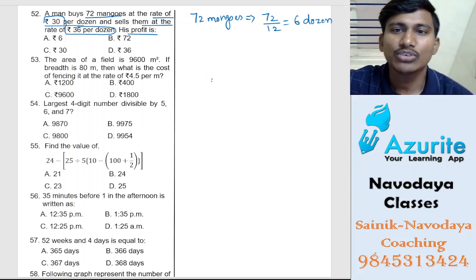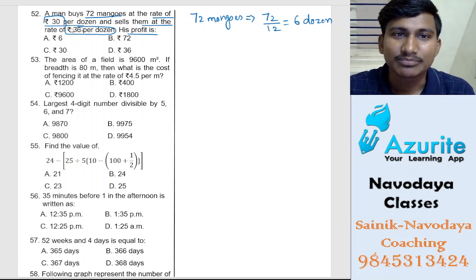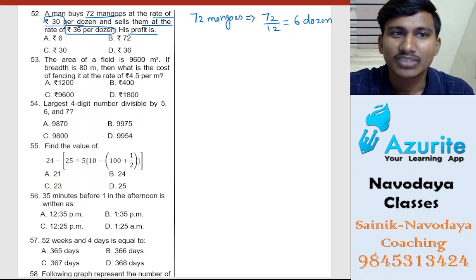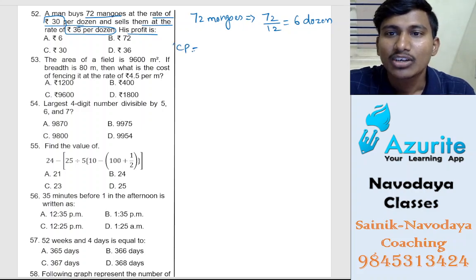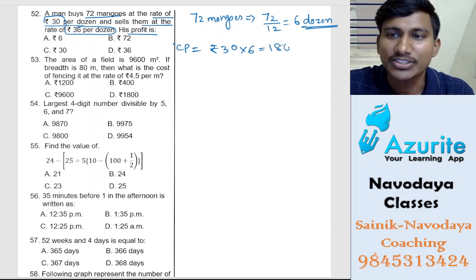Now 1 dozen is 30 rupees. Here they have given the rate per dozen, at 30 rupees per dozen. Buys means purchase, that is the cost price. 1 dozen is 30 rupees and there are 6 dozens, so 6 into 30, total 180 rupees.